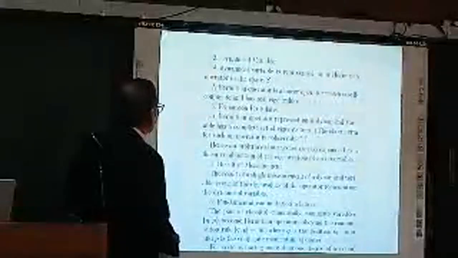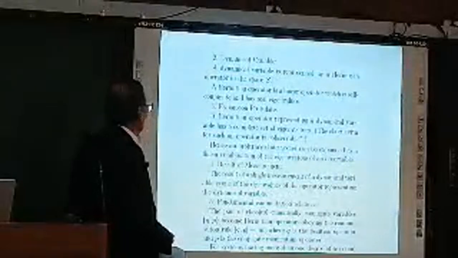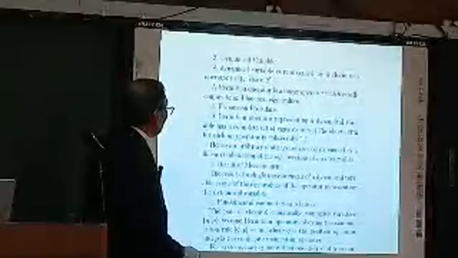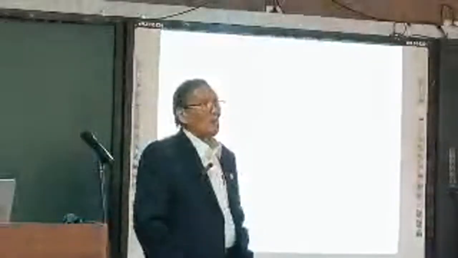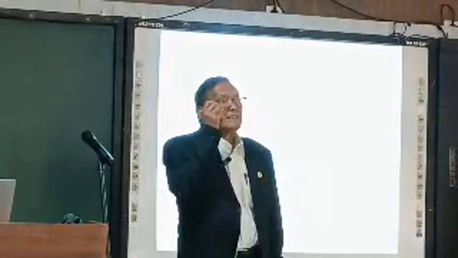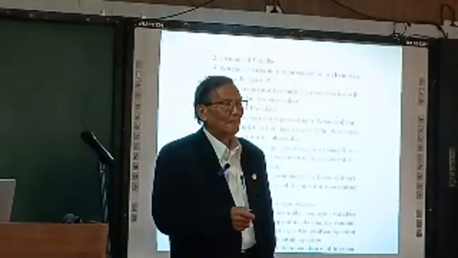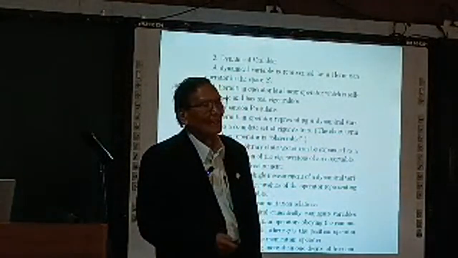And the result of measurement. The result of a single measurement of a dynamical variable is one of the eigenvalues of the operator representing the dynamical variable. Suppose you are measuring momentum, then the result of a single measurement on a system is one of the eigenvalues of the momentum operator.